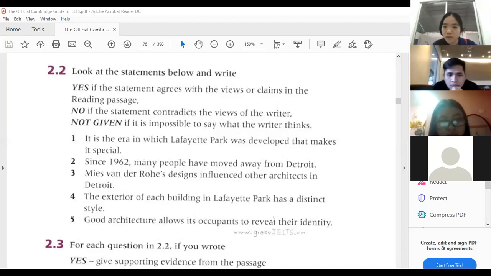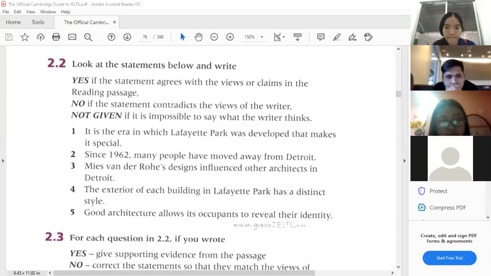You need to remember, yes, does not mean the information is true. It means that it agrees with the passage, what the writer thinks. Has everyone received the passage so I can time it?